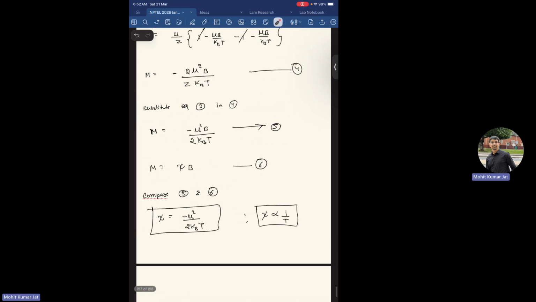We substitute the value of the partition function to be 4, and then magnetization is minus mu square B by 2 kBT, which gives us a susceptibility which goes inversely with the temperature. So this is the first question.